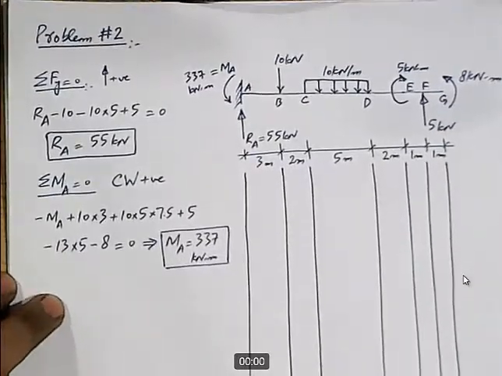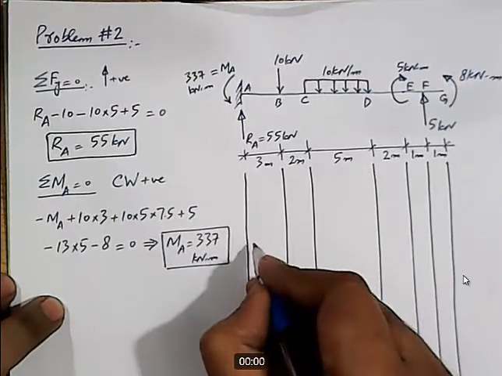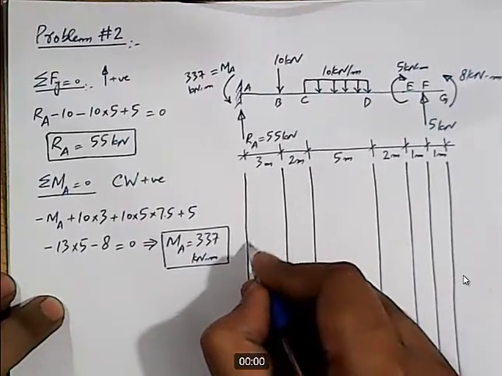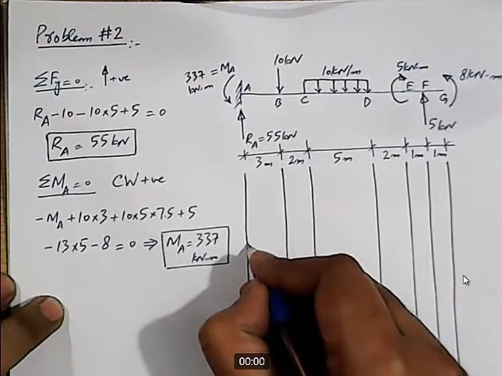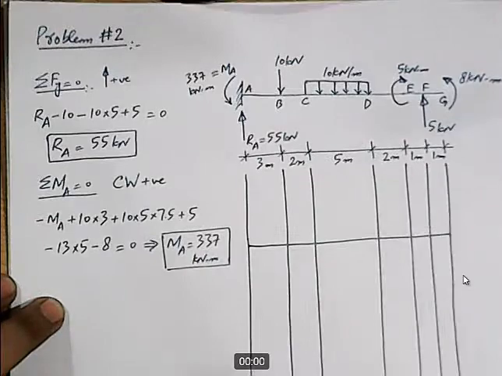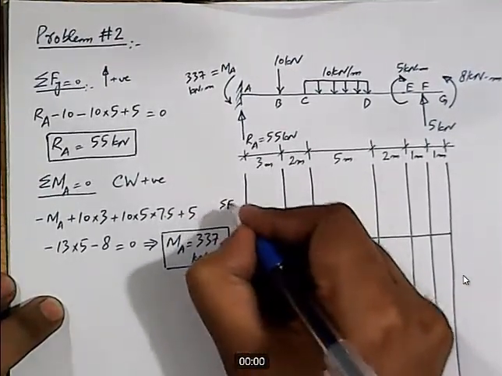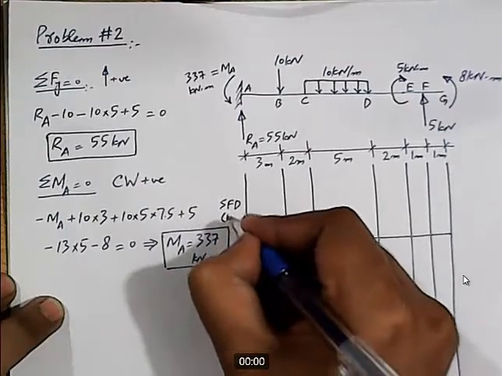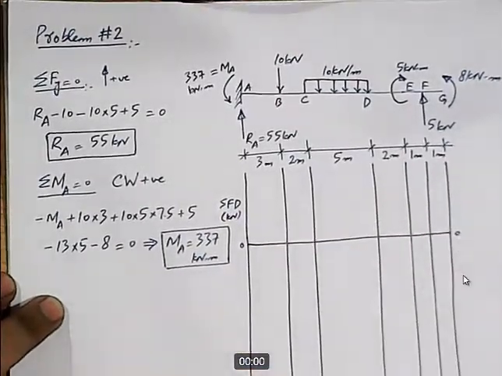Okay, so first let's plot shear force diagram. SFD, and the units are kilonewton, and this is our 0 line.